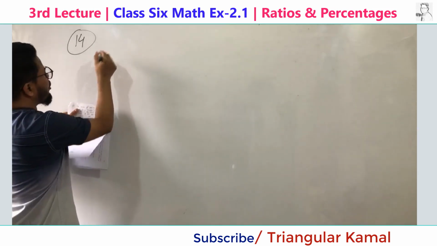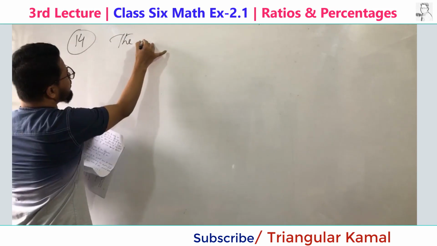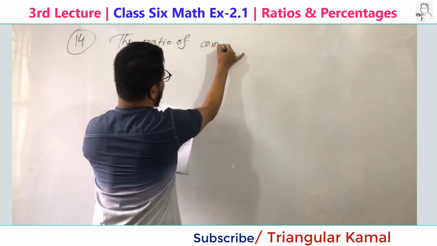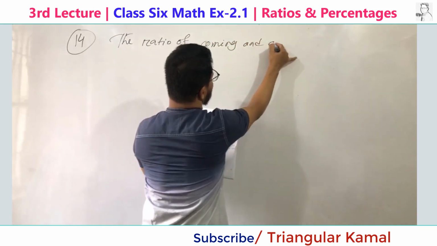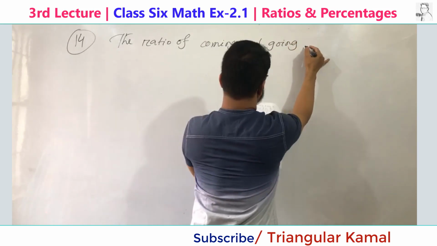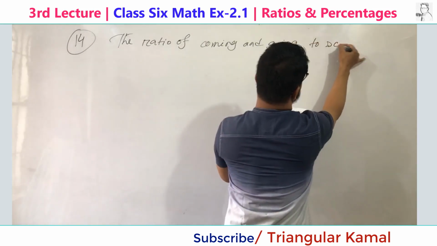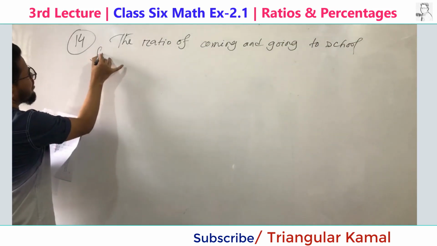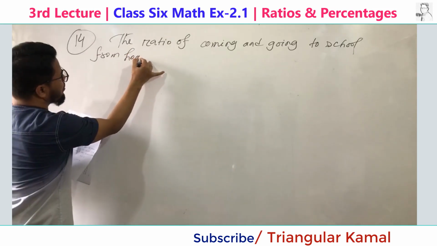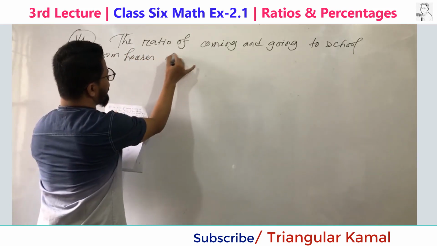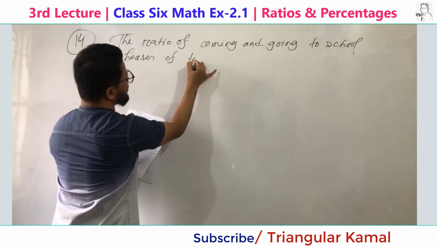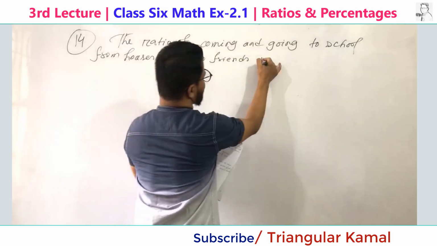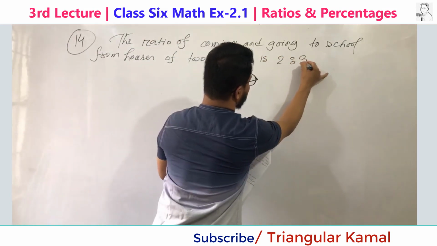The ratio of coming and going to school from houses of 2 friends is 2:3.